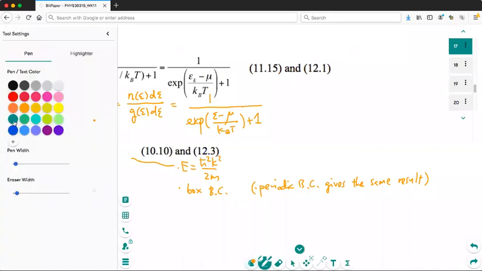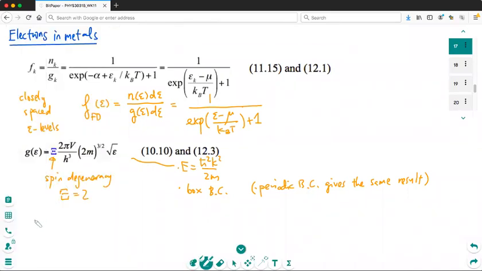So let's do that. First, I can calculate the total number of particles in the box or in the metal. How do I do that? I need to integrate something, right? So I integrate n(ε) dε. How do I count my epsilon?